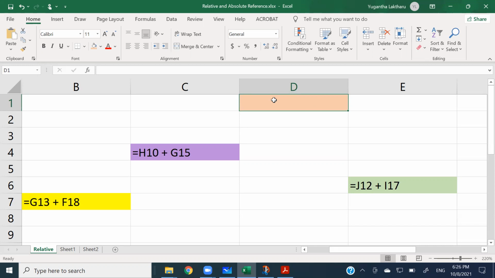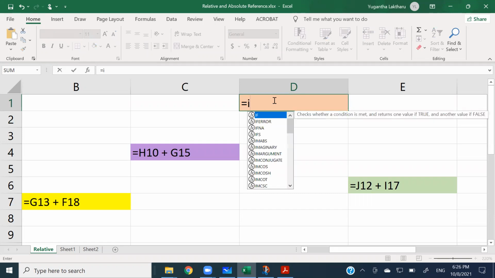So the purple color formula has shifted 1 column to its right and 3 rows upward. So moving 1 column to its right, H is going to become I. And 10 is going to reduce by 3 because it goes upward, right? Dihan, hold on. Dihan, not H11, it's going to be H12. Look closely, right? So H10: H is going to become I, and 10 is going to become 9, 8, and 7.